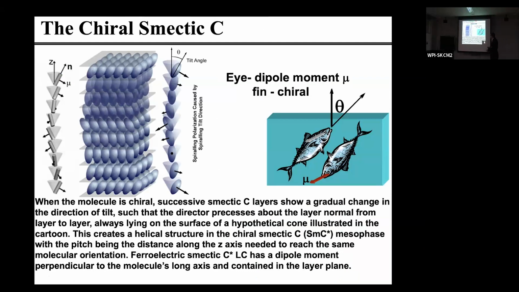So, for example, you could imagine that smectic C state where the molecules are in here tilted relative to the layer normal, but then chirality would make them rotate on a cone as depicted in here, as you would walk along the normal to the layers. And again, you can define a pitch or a distance over which this rotation would be 180 or 360 degrees.